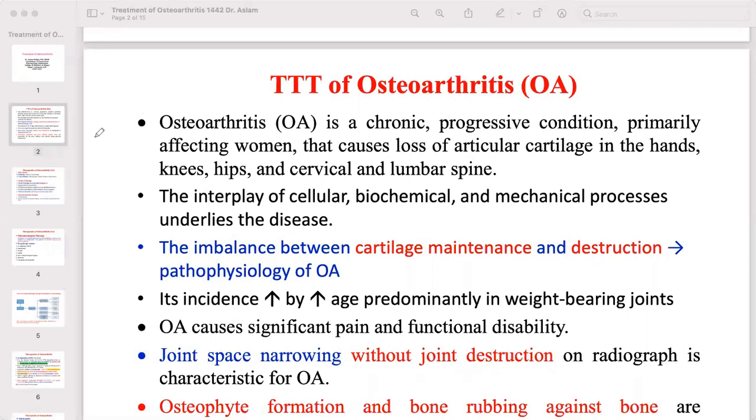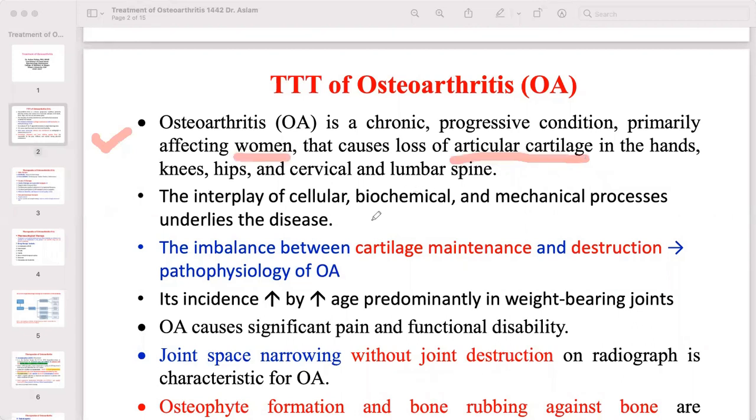Osteoarthritis is a chronic progressive condition primarily affecting women, that causes loss of articular cartilage in the hands, knees, hips, and cervical and lumbar spine.